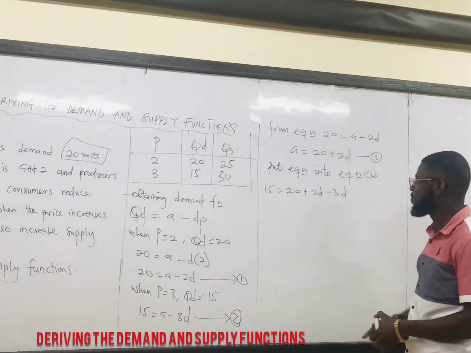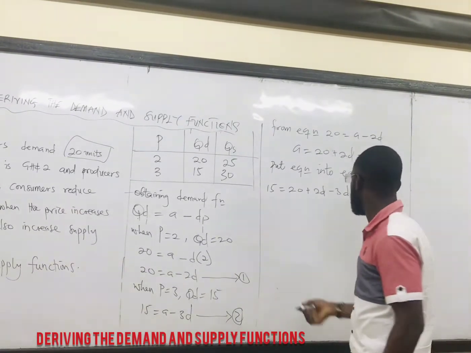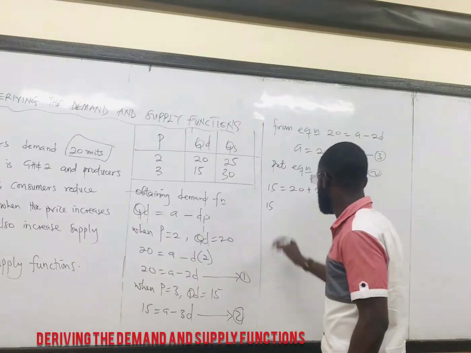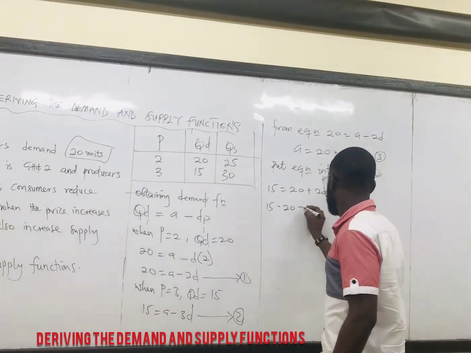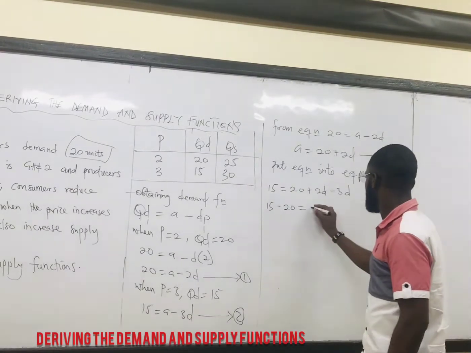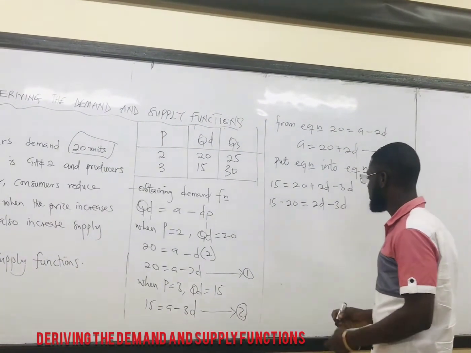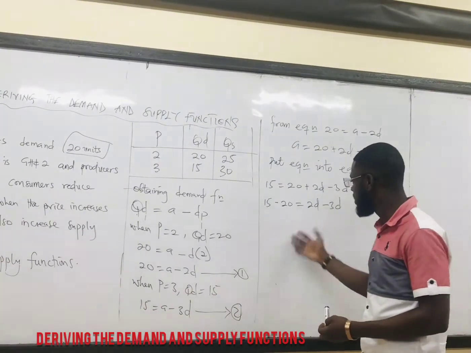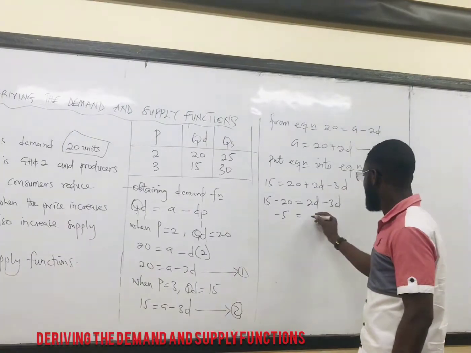So solving for D, we group like terms. We are going to have 15 minus 20 equals 2D minus 3D. The difference between 15 and 20 should be negative 5, equals negative what?